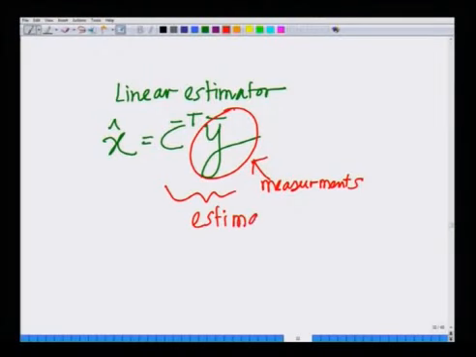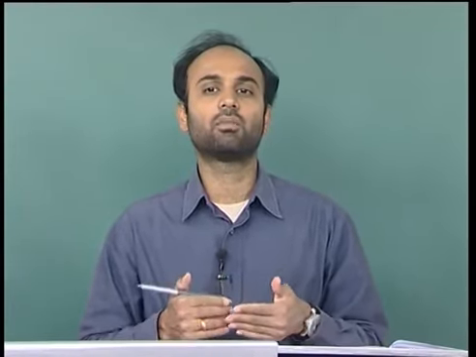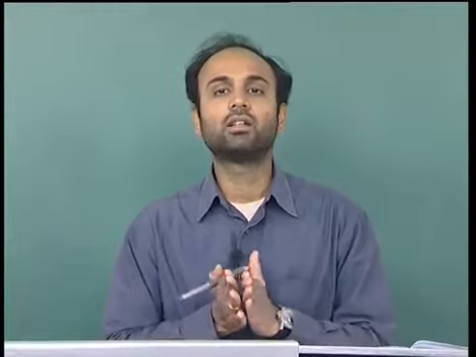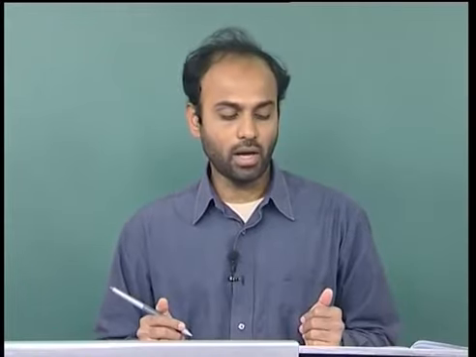In fact, this is a linear estimator because it is linearly combining the measurements. Remember, we saw something similar in terms of MRC, maximum ratio combiner, that is we linearly combine the measurements, but this is something more general. We are now looking at a general case. How do you linearly combine the measurements so as to minimize the mean squared error?